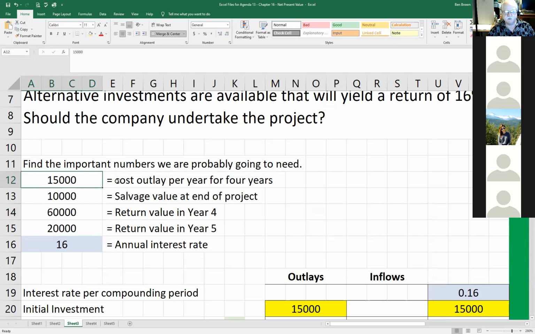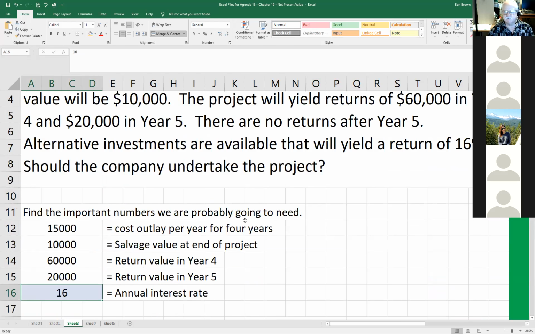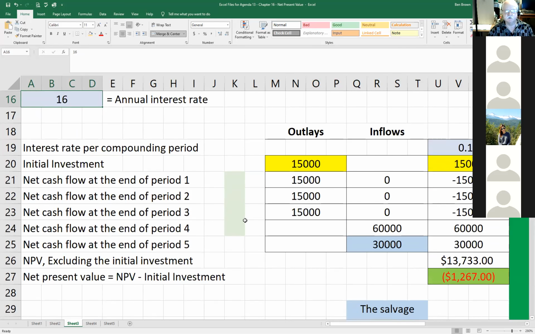The 15,000 is the cost outlay per year for 4 years. The 10,000 is the salvage value. We get $60,000 in year 4 and $20,000 in year 5. And the interest rate is 16% that we're going to compare this with.